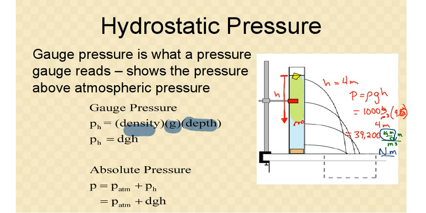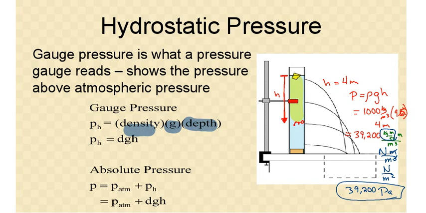I'd have a meter right there, that's over meters cubed. This meter would cancel one of those meters, so that leaves me newtons per meter squared. A Newton per meter squared is a Pascal. If I swim down 4 meters, then I will have a pressure of 39,200 pascals.